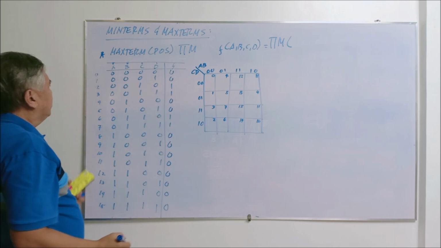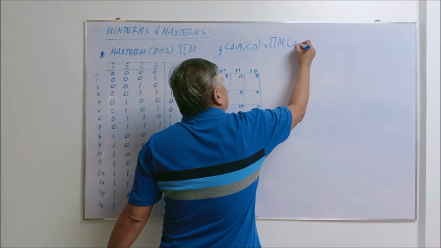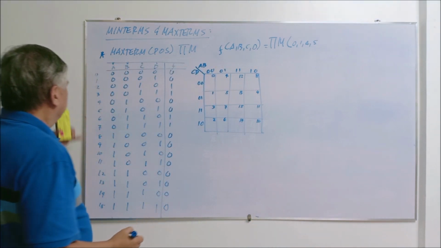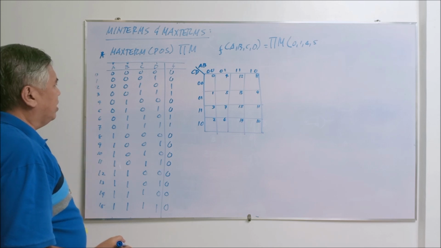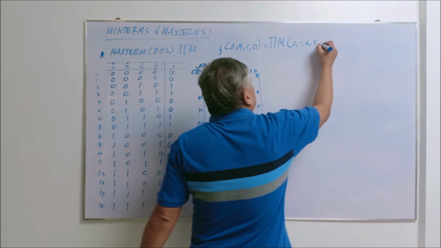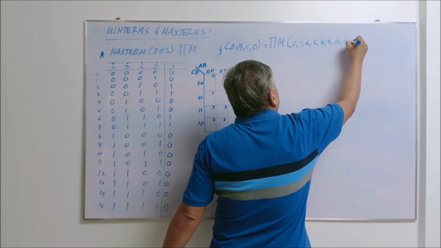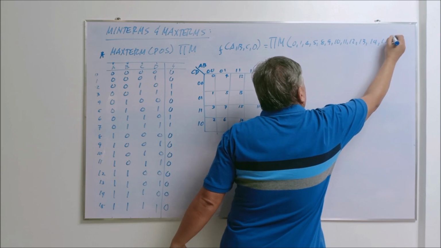So you have 0, 1, 4, 5, and then 8 going to 15. So you have 8, 9, 10, 11, 12, 13, 14, and 15.